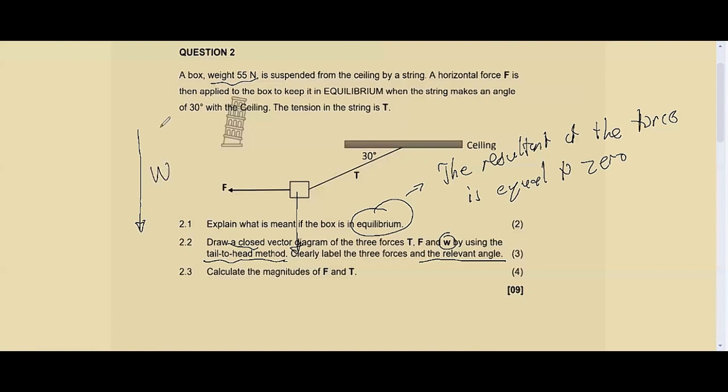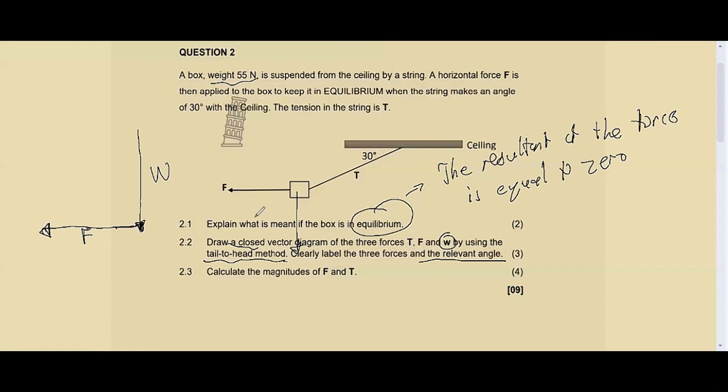Remember, we are using the tail to head method. So this is our tail and this is the head. Now, the force will be starting here from the head of the W, the weight, and then this is the tail. We have our head. Then we label this force. You just simply take your forces as they appear.